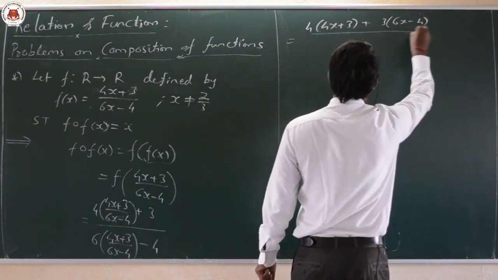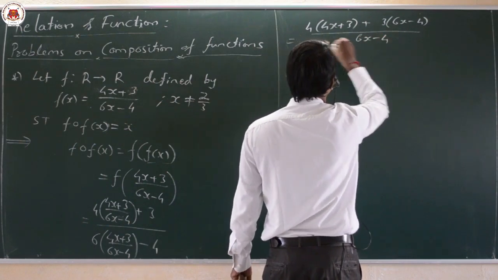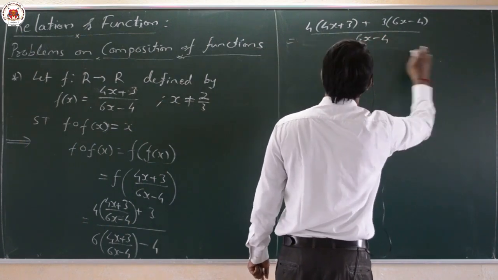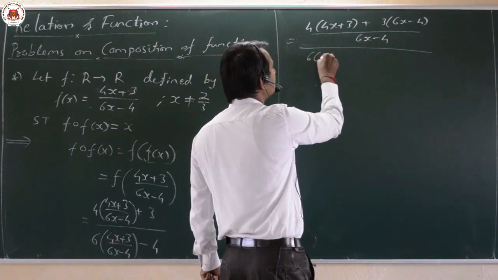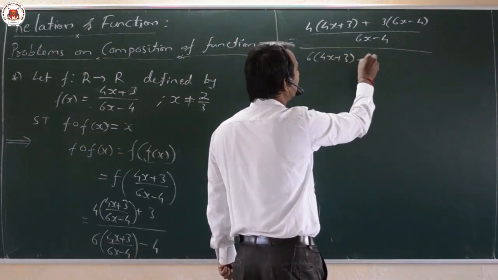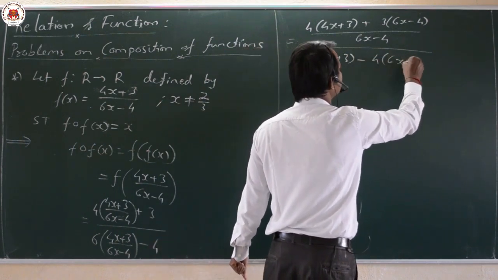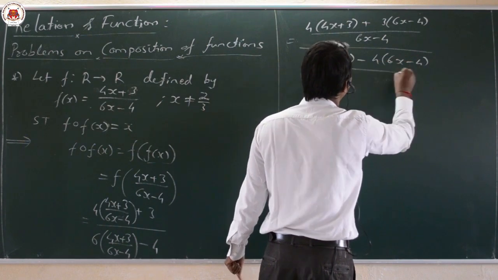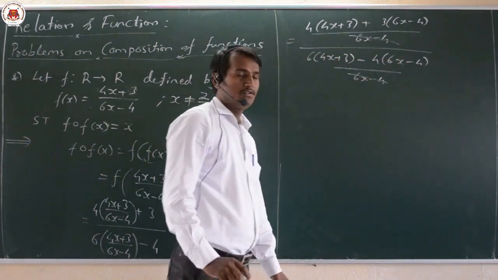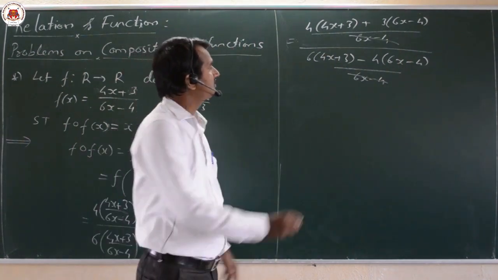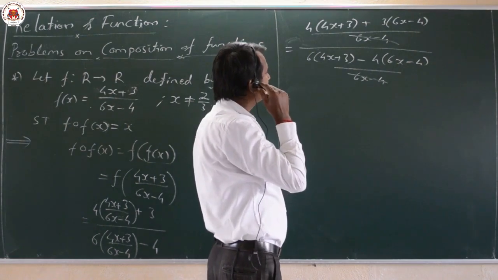Now here the whole thing divided by 6x minus 4, and here also the same thing, 6 into 4x plus 3 minus 4 into the denominator part, that is 6x minus 4 divided by 6x minus 4. Now these two terms get eliminated. Okay, it is very simple. The terms get eliminated because both are the same here. Now what is the remaining thing? I will multiply it.